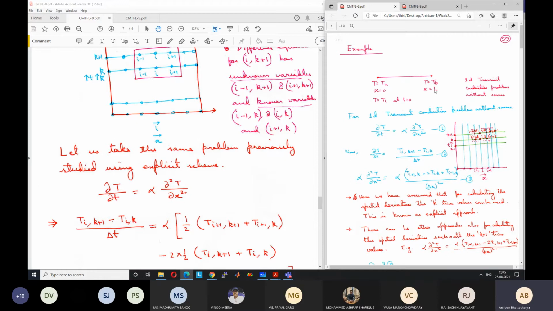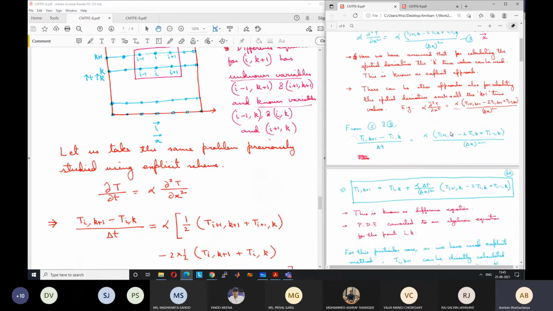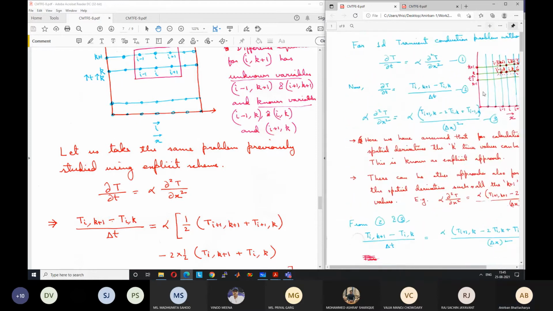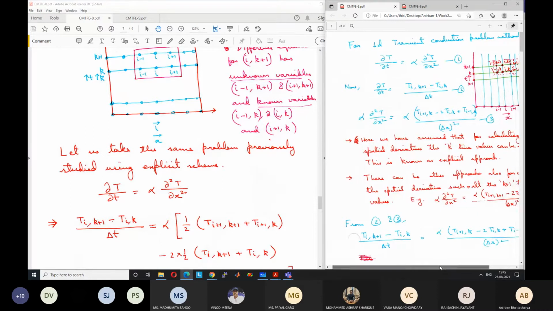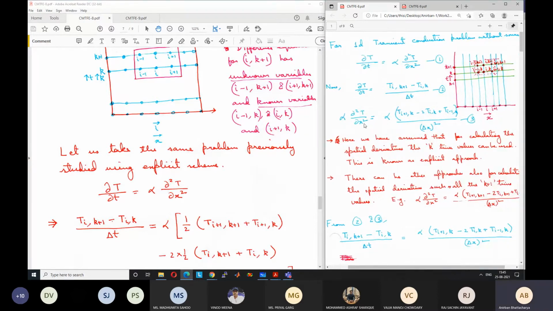So what is the finite difference expression for the second order term? For a general second order term, alpha del square T del x square is equal to alpha times, if the space steps are denoted by i, T_(i+1),k minus 2 T_i,k plus T_(i-1),k for the kth time step.